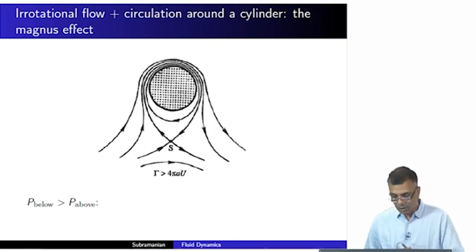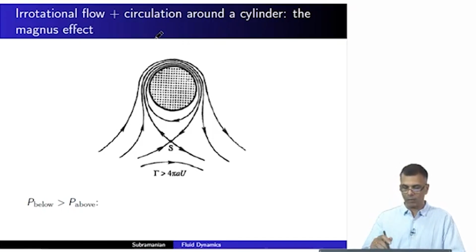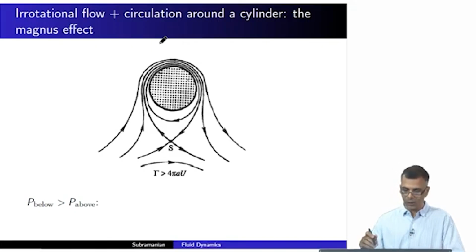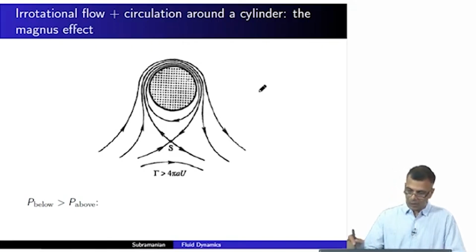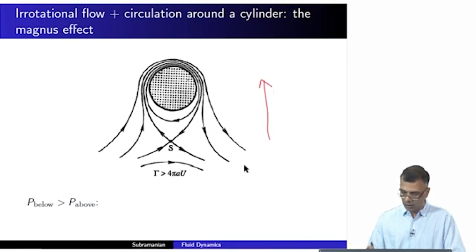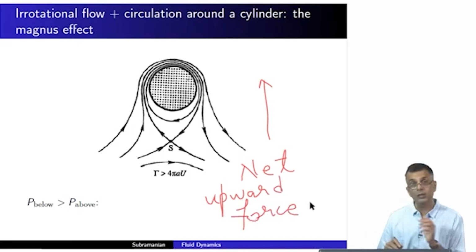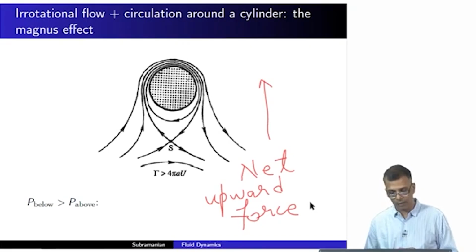So as a result of the fact that there is lower velocity here as opposed to here, the pressure below will be larger than the pressure above. Yeah? In other words, there is a net upward force in this kind of a situation, right?